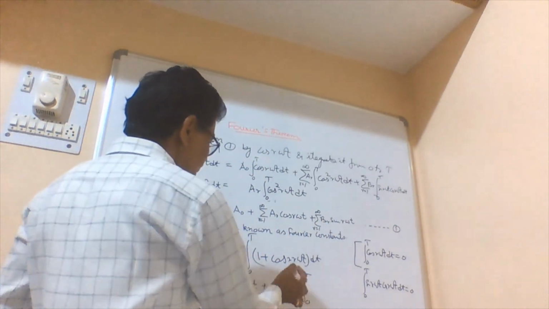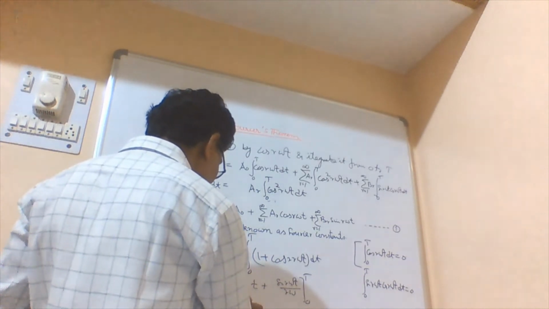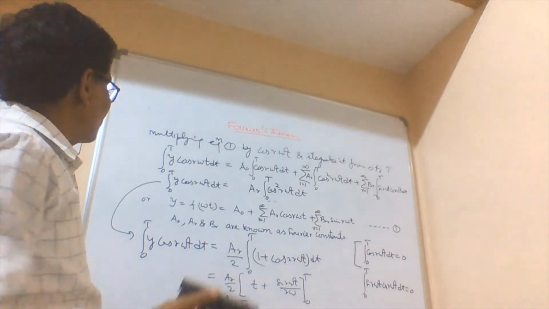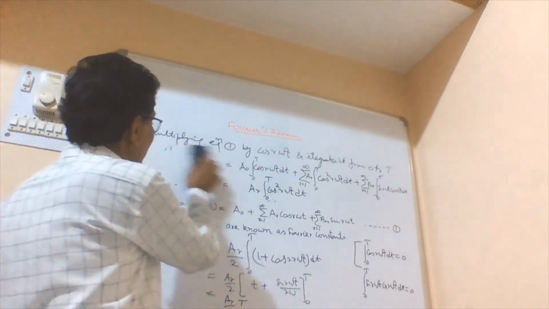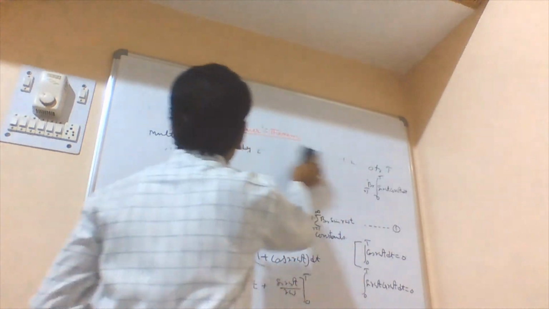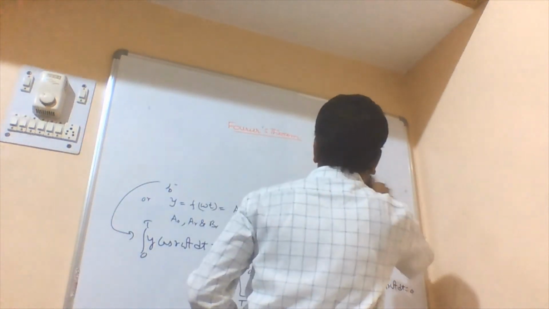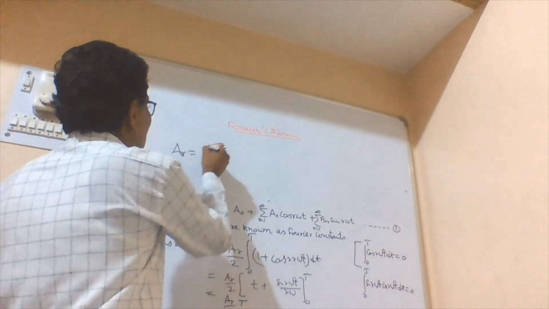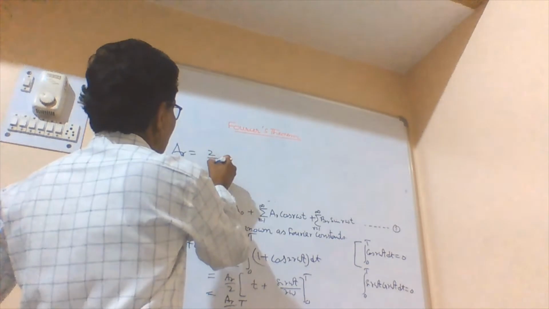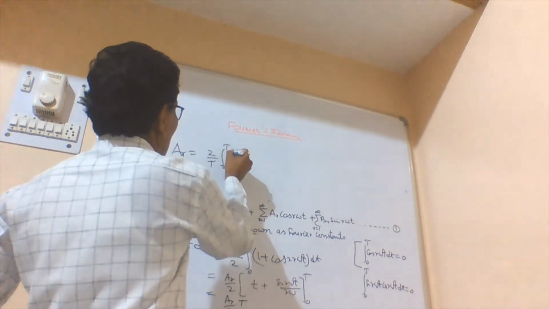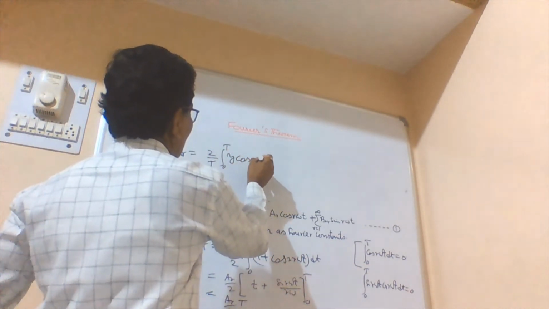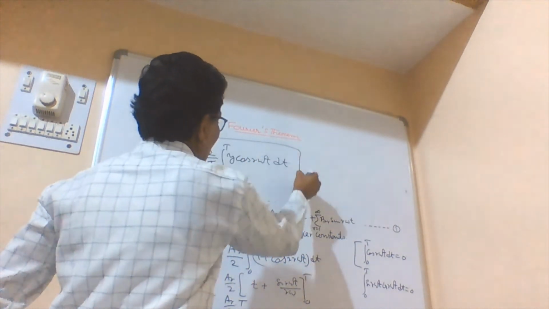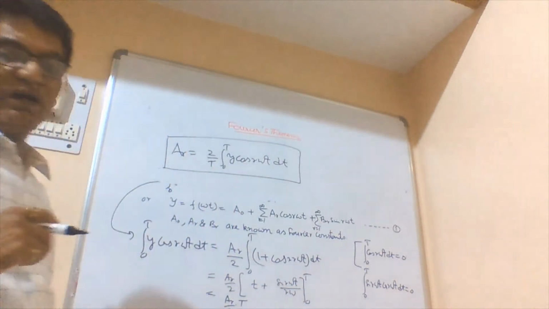This value comes out as 0, so we have simply ar by 2 into T, and this provides the value of ar. ar comes out as 2 by T times integral 0 to T of y cos rωt dt. This is the value of the Fourier coefficient ar.